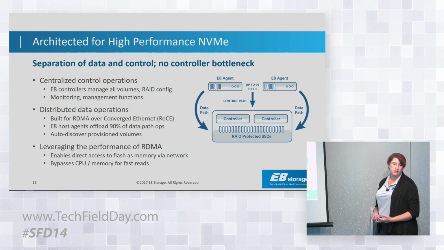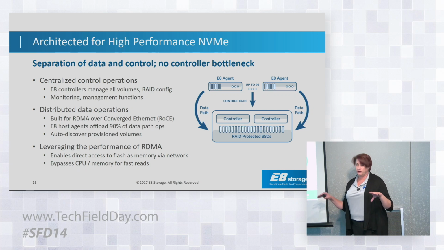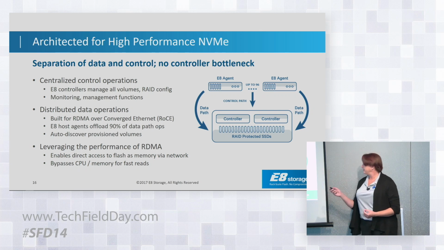We have a dual controller appliance that gives us failover capabilities. It manages a lot of metadata, so that when we start doing things like shared LUNs, we still have that central metadata server that controls who gets access and when. So we still have that control. It gives us the availability and the reliability. But now we distribute the data path, because that's where the vast majority of your work is happening. That's where we have that E8 host agent. That's right, I have a pointer in my hand.